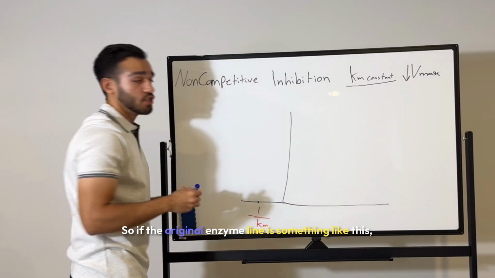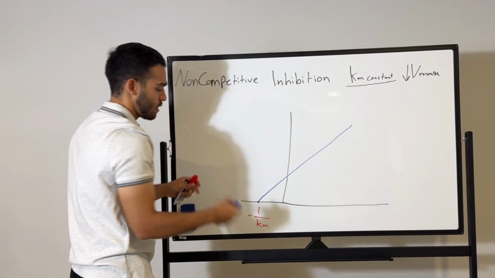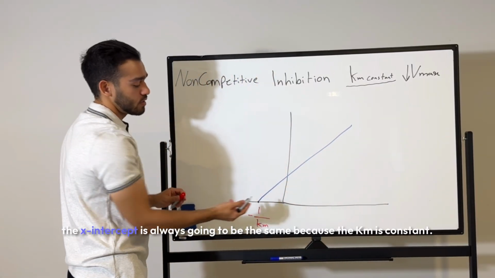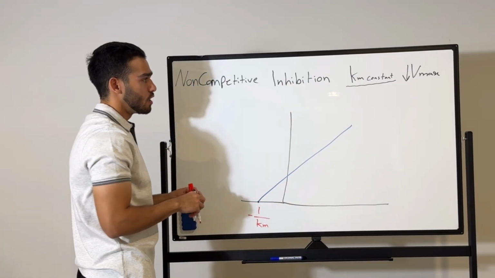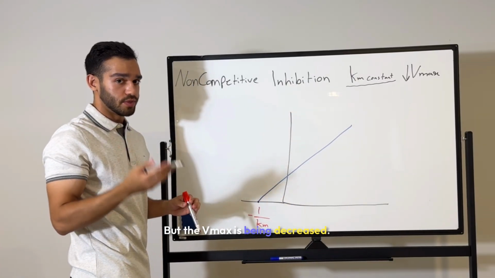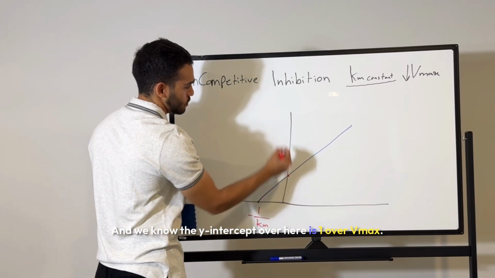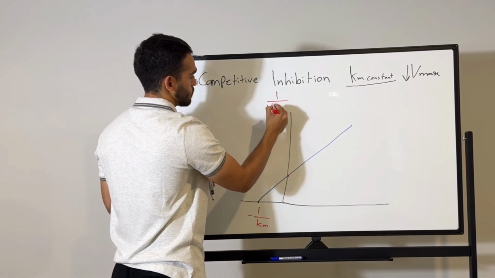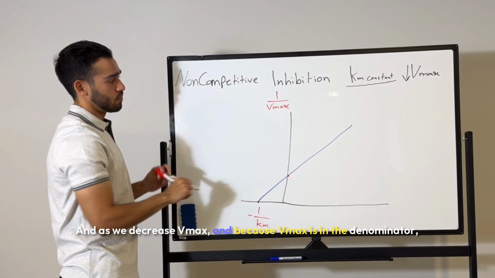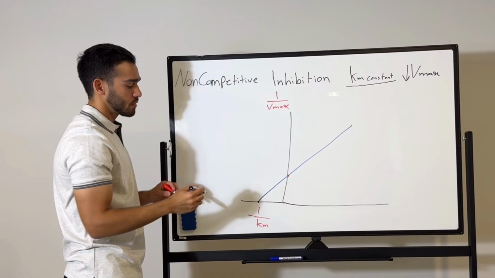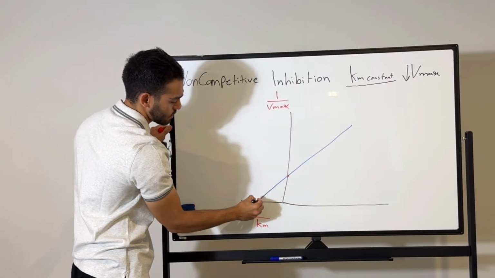So if the original enzyme line is something like this, the x-intercept is always going to be the same because the Km is constant. But the Vmax is being decreased, and we know the y-intercept over here is 1 over Vmax. And as we decrease Vmax, and because Vmax is in the denominator, the next lines are going to be higher and higher on the y-axis.